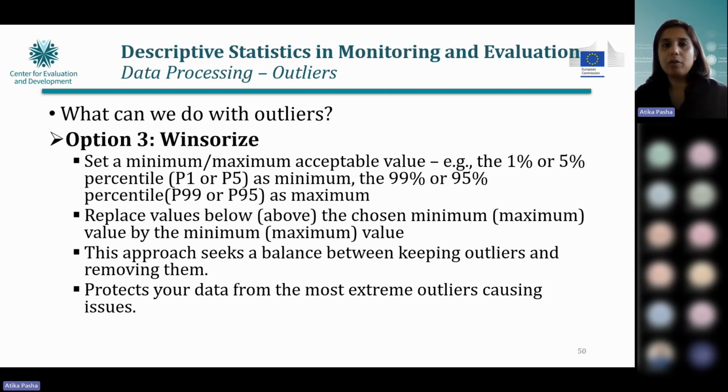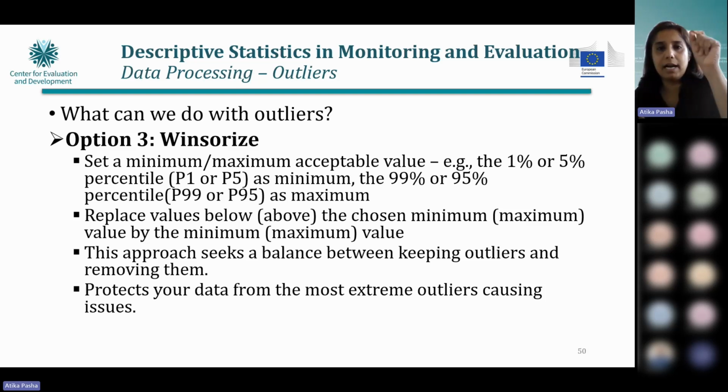The third option in terms of what you can do with the data is to winsorize the data. What does winsorization mean? Again, you take a maximum acceptable value, and you say the value is the 90th percentile. If you remember, the percentile divides the data into proportions.